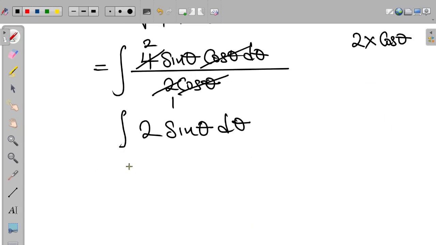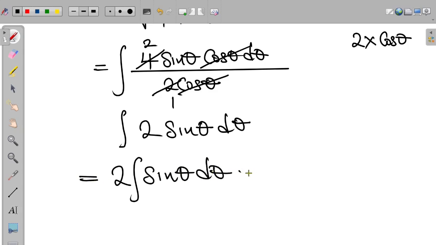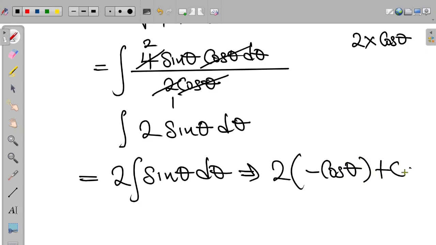Now, since 2 is a constant, we can bring it out. We have the integral of sine theta d theta. If we integrate, this becomes 2 open bracket minus cos theta plus c.